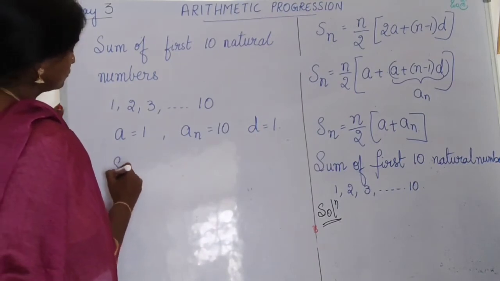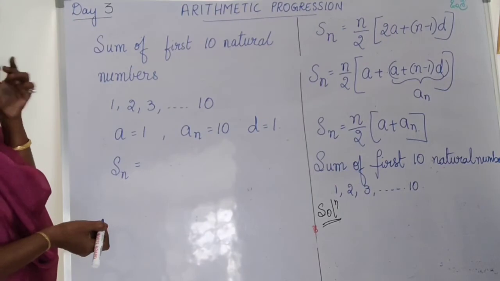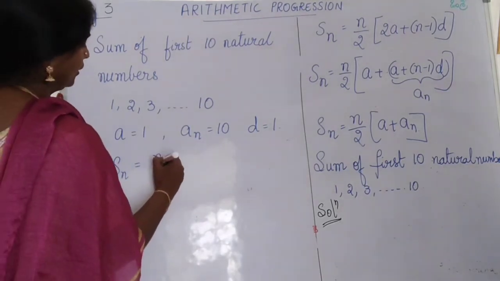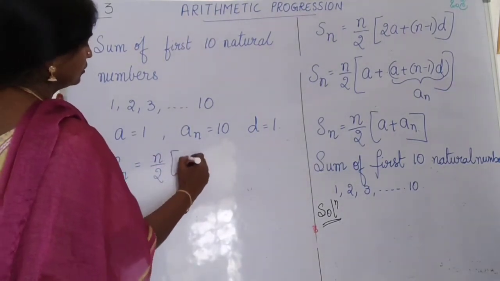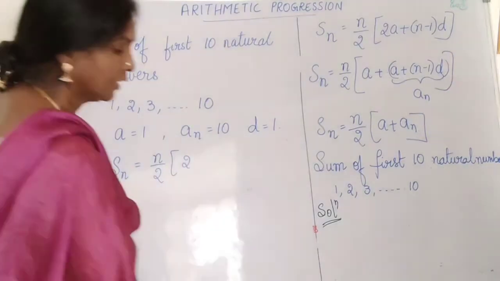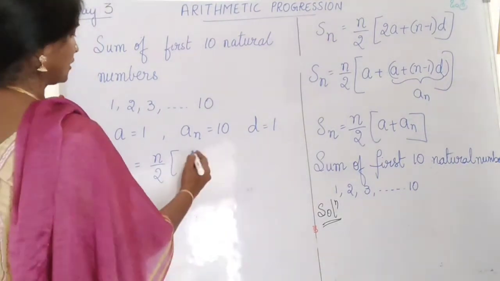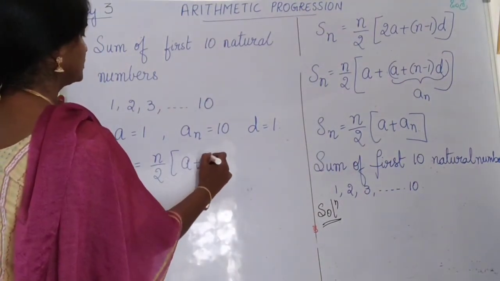And we have to use the formula Sn is equal to n by 2 into, as we know the first and last term, it's better to use the last formula, that is a plus an.